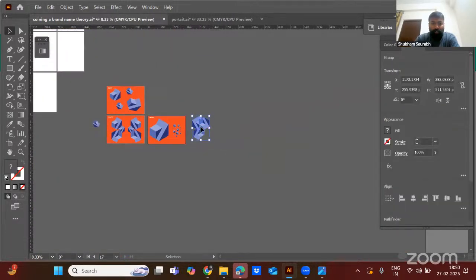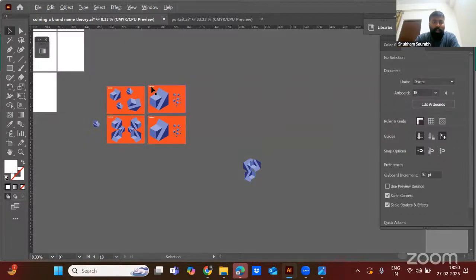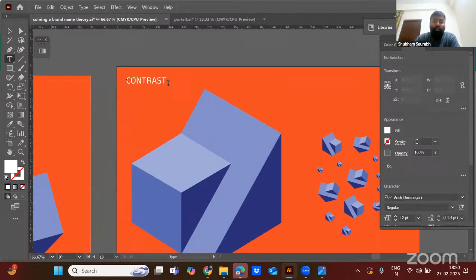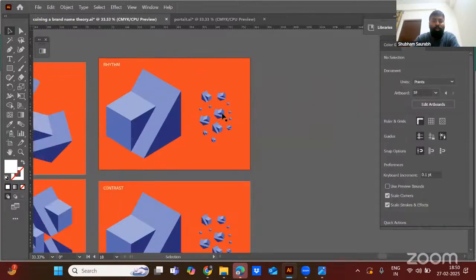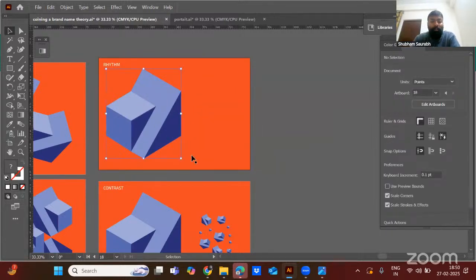Now let's see another one, which is rhythm. Rhythm means when there is a pattern, when there is a flow, when there is a repetition. So how you create a flow when you repeat something in a very nice sequence.